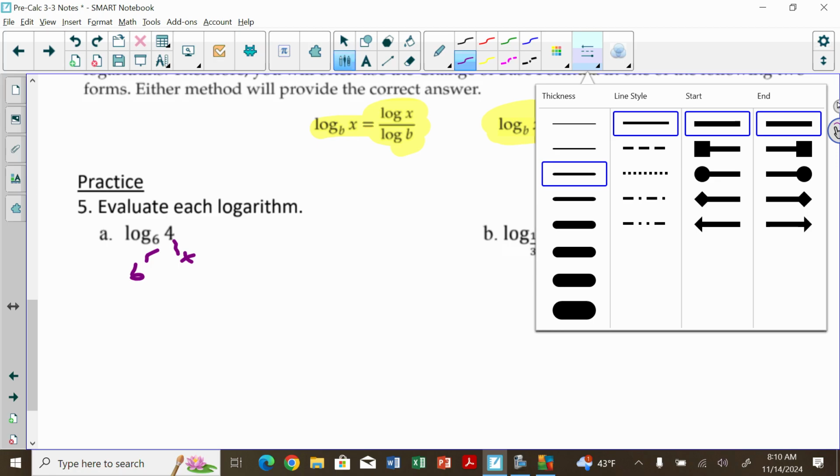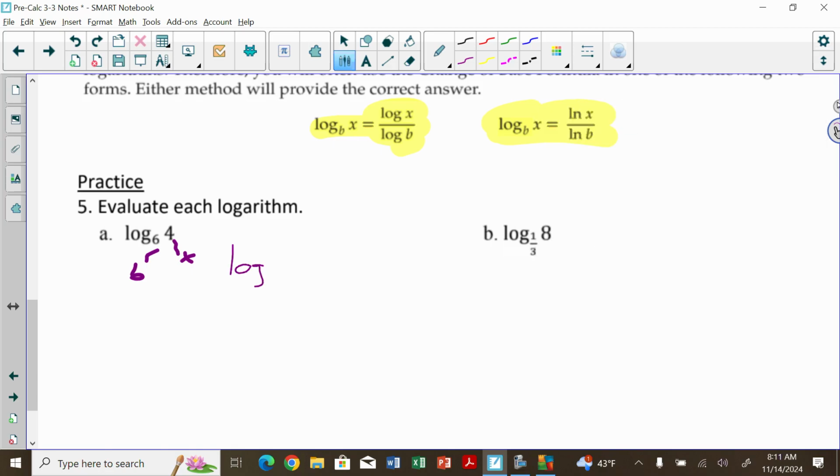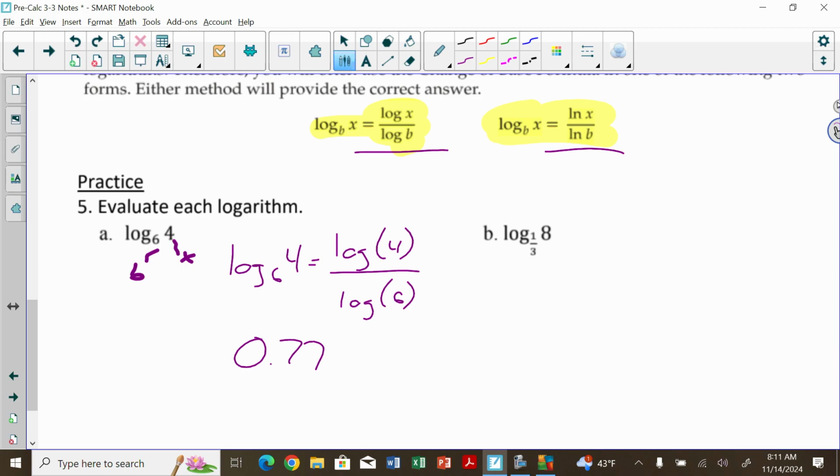So if I go log x over log b, then log base 6 of 4 would be log of 4 over log of 6, and I just punch those into my calculator. Either one, log or natural logarithm, will give you an answer of about 0.77.